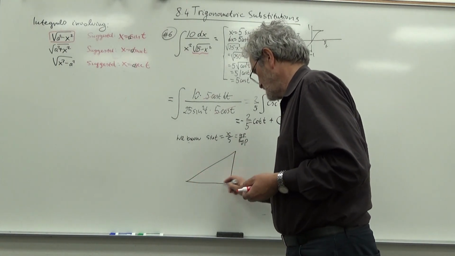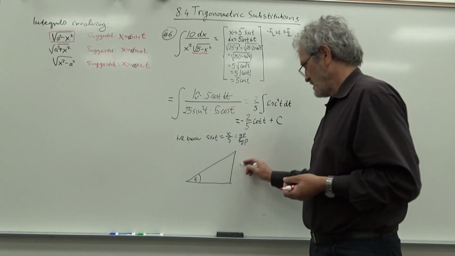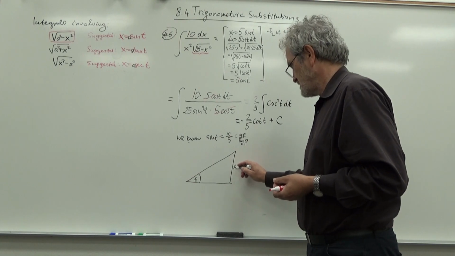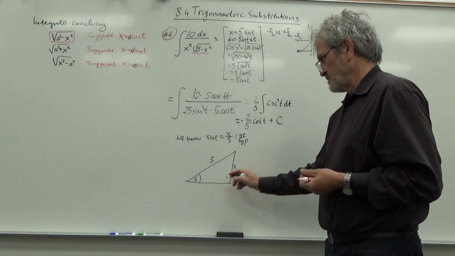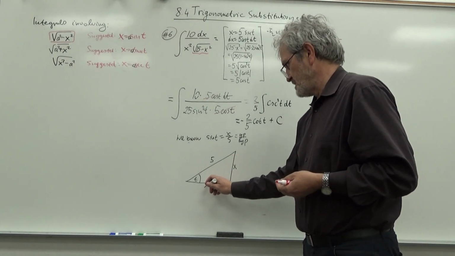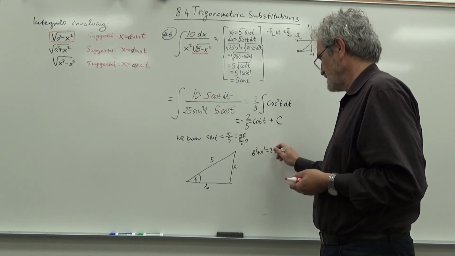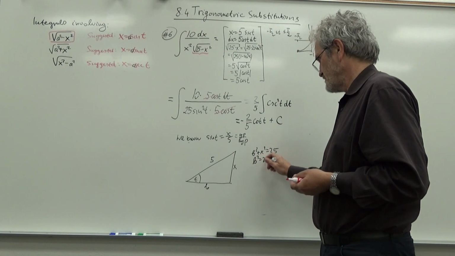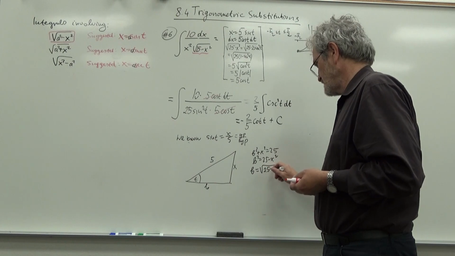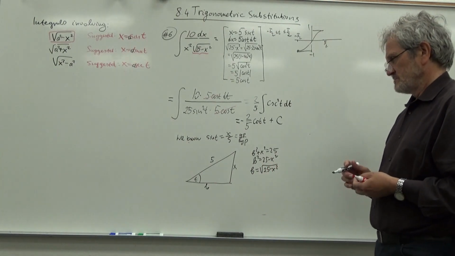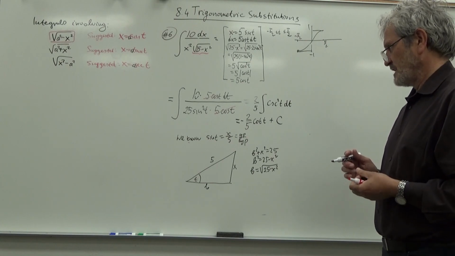We draw a triangle. Here's our t, that's an angle. I label the opposite side x. Here I put 5. Then I apply the Pythagorean theorem. How did we call this guy? b. So b squared plus x squared is 25. b squared is 25 minus x squared. So b is the square root of 25 minus x squared. And then what?